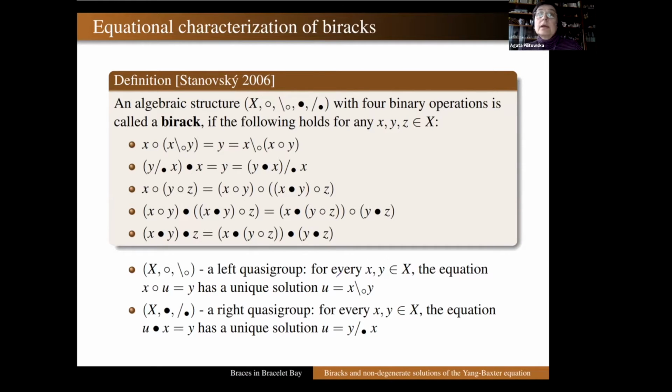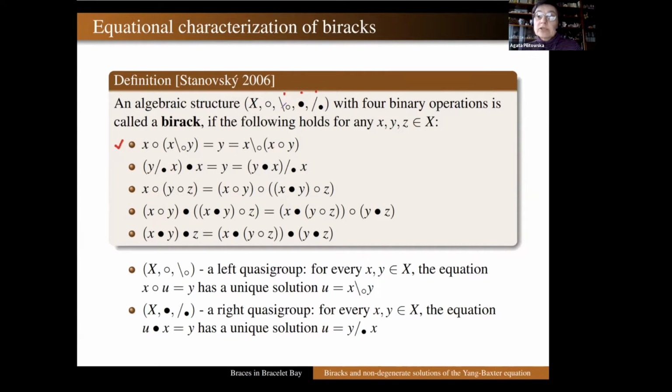By Birack, we will understand an algebraic structure with 4 binary operations: left multiplication, left division, right multiplication, and right division. And this structure satisfies the following 5 identities, 5 conditions.